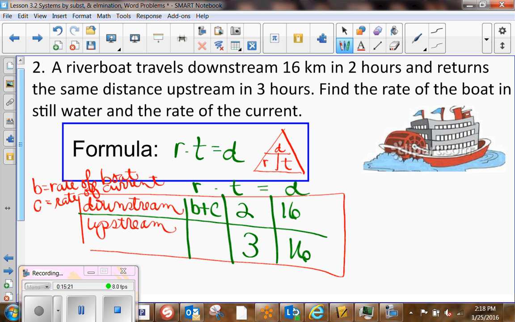Then coming back up, what happens when you go upstream against the current? It slows you down. So what do you think this is going to be? B minus C. Whatever the boat would normally be going, it's going to be less whatever the current is pushing against it. It's slowing down that much.